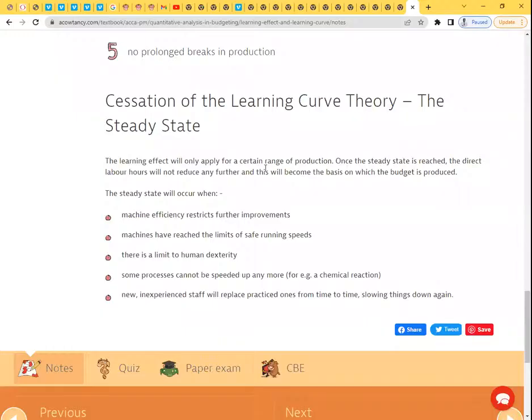So even if you wanted to improve, if there is a machine involved somewhere there, right? For example, a grinding machine can restrict further improvements. Machines have reached the limit of safe running speeds. For example, the grinding machine that I've just spoken about: the human beings who are waiting for this processed timber to be able to produce more and more tables as they learn.